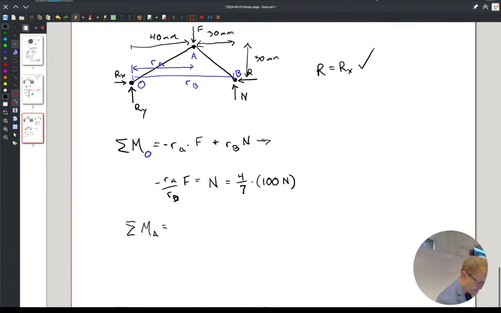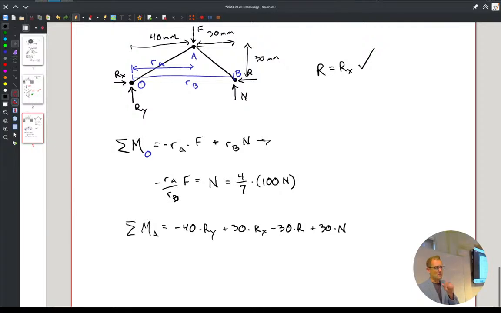All right, so now I've got the sum of the moments around A: a negative 40 times RY, and then a positive 30 times Rx, a negative 30 times R, and then a positive 30 times N.